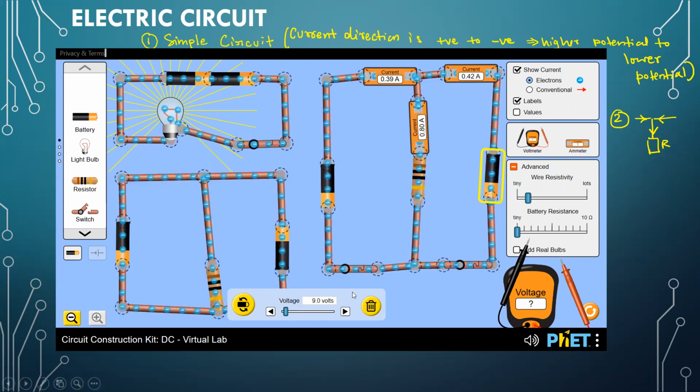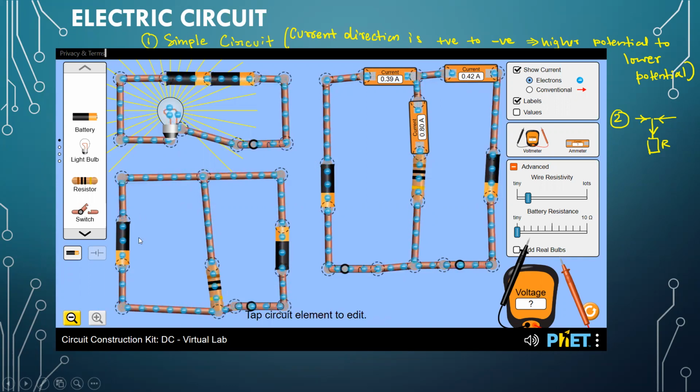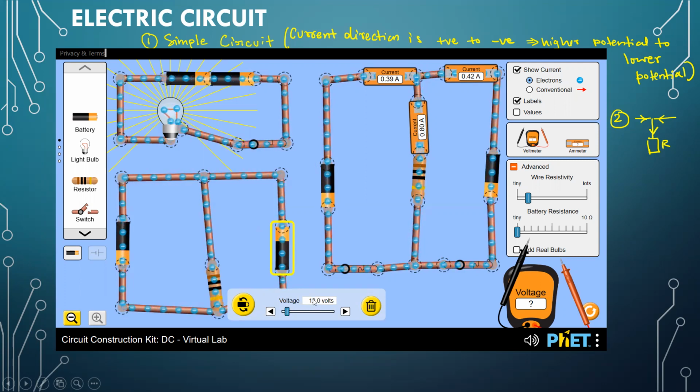Then we have the third diagram, which shows what happens if you change the polarity of one of the cells. This particular cell I have rated as 12 volt, whereas the other one is just 3 volt. So there is a difference of 9 volt. It means the first cell, the 12 volt, is supplying a greater amount of energy to the electrons.